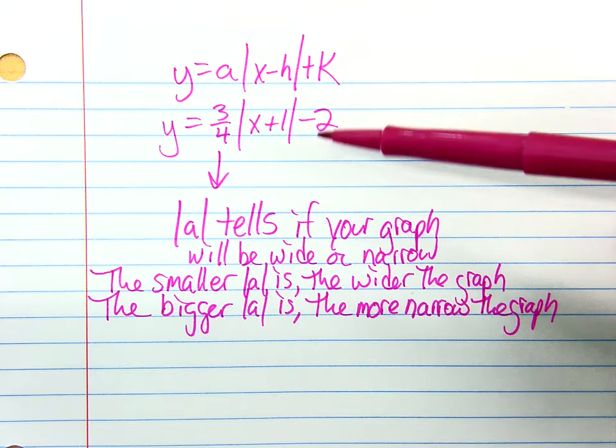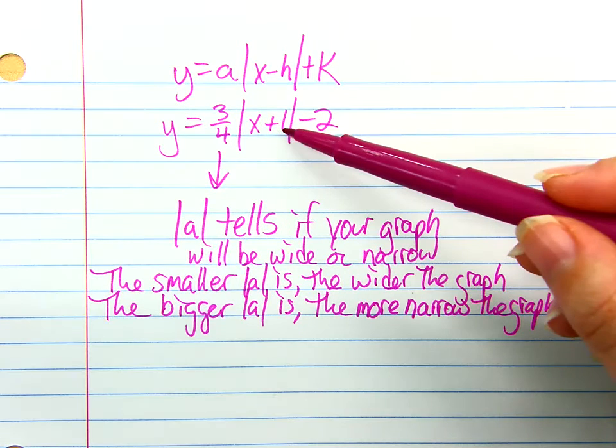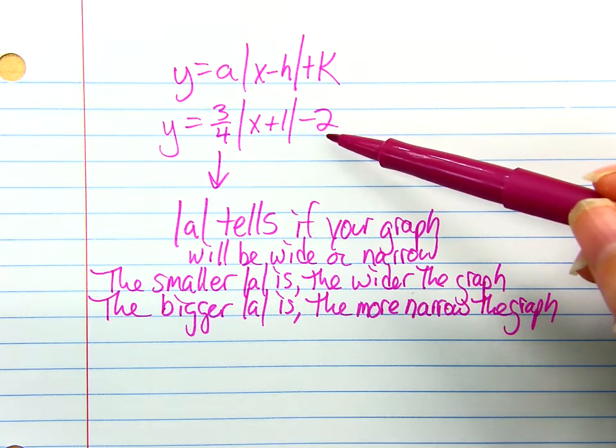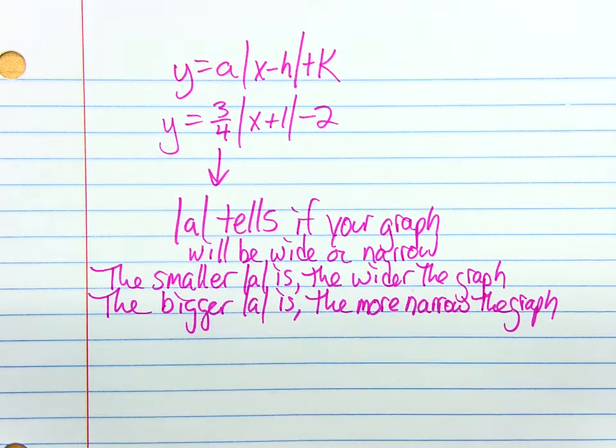So if I ask you to graph this one right here, you should be able to tell me, okay, it's a V shape. You should be able to tell me that you go to the left 1, down 2. And hopefully, okay, 3/4. That's less than 1. So if you compared this graph to a graph like we just did where a was 1, is this graph going to be wider or narrower?